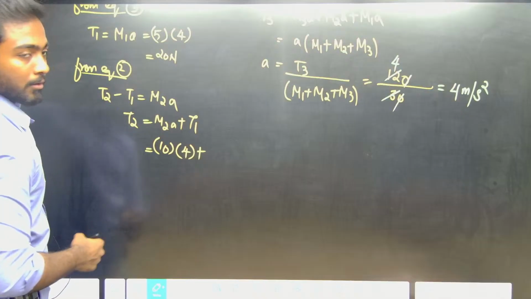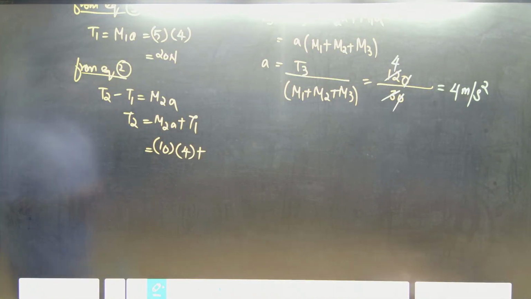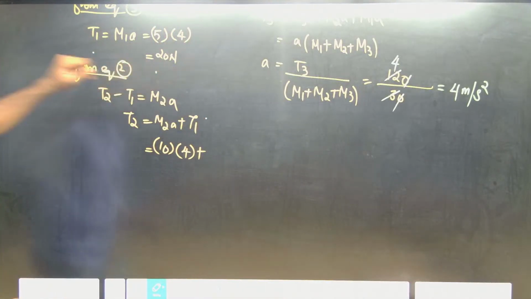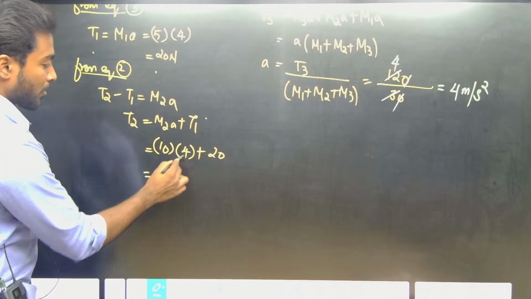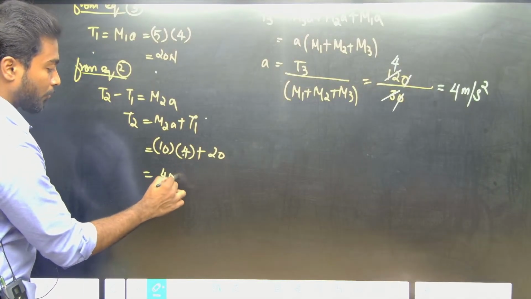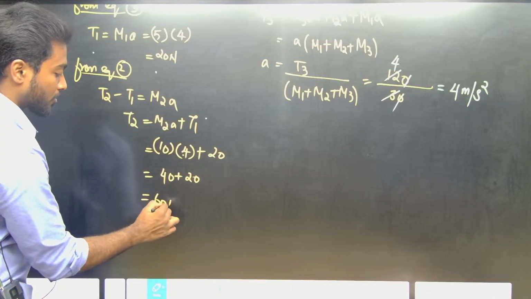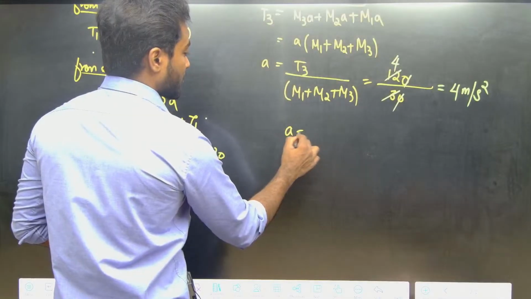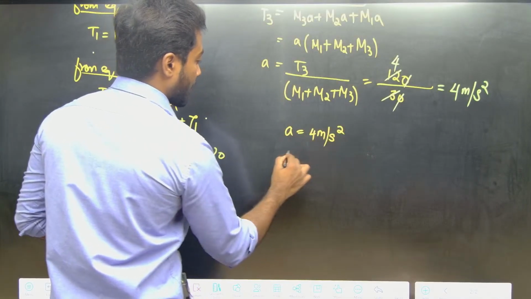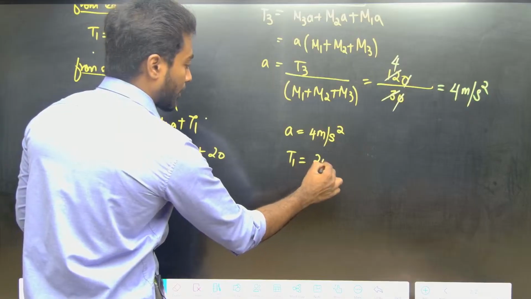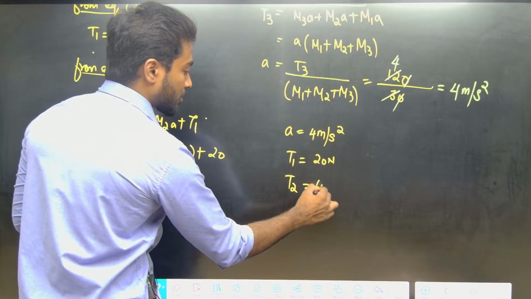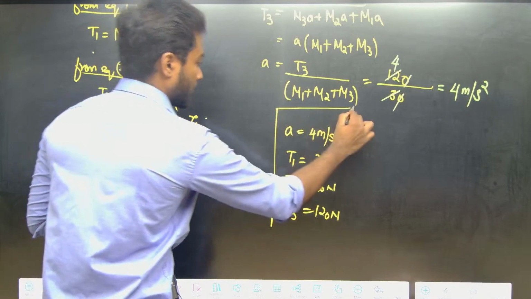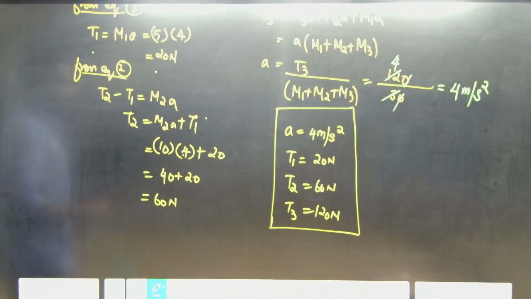And T1 we got as 20. So 4 into 10 is 40, 40 plus 20 is 60 Newton. So T2 we got, T1 also, T3 also. So acceleration equals 4 meter per second square, T1 is 20 Newton, T2 is 60 Newton, T3 equals 120 Newton. These are my answers for the questions.